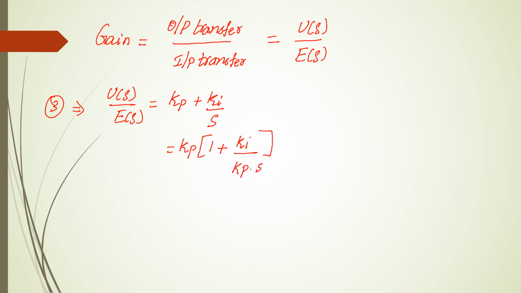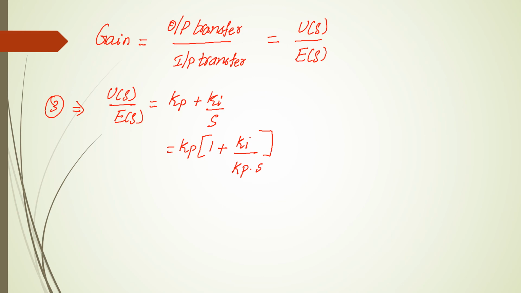When you multiply this inside, you get Kp plus Ki times Kp divided by Kp dot s, so Kp and Kp get cancelled. You get the same equation as above, with no change. We are just taking Kp outside to get the arrangement starting from 1 plus other terms. So Kp outside, it becomes 1 plus Ki divided by Kp dot s.